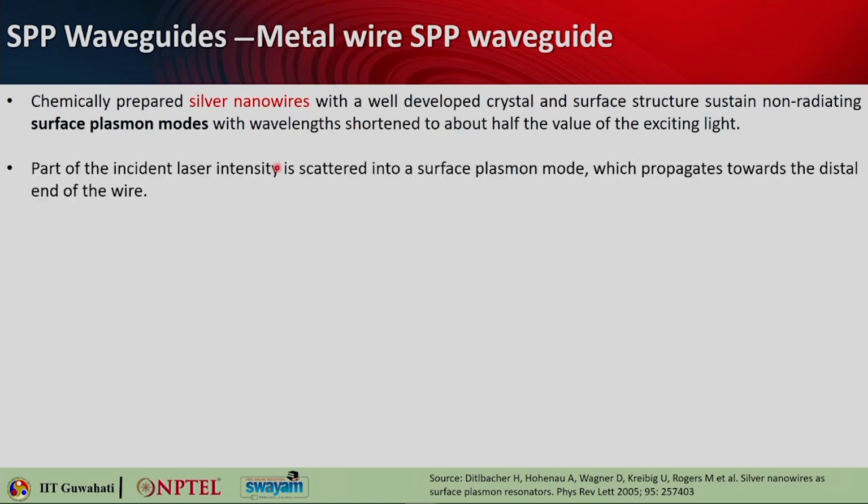Chemically prepared silver nanowires with a well developed crystal and surface structure can sustain non-radiating surface plasmon modes with wavelengths shortened to about half the value of the exciting light. That way you are able to guide light at a scale much smaller than the wavelength, which is actually sub-wavelength.